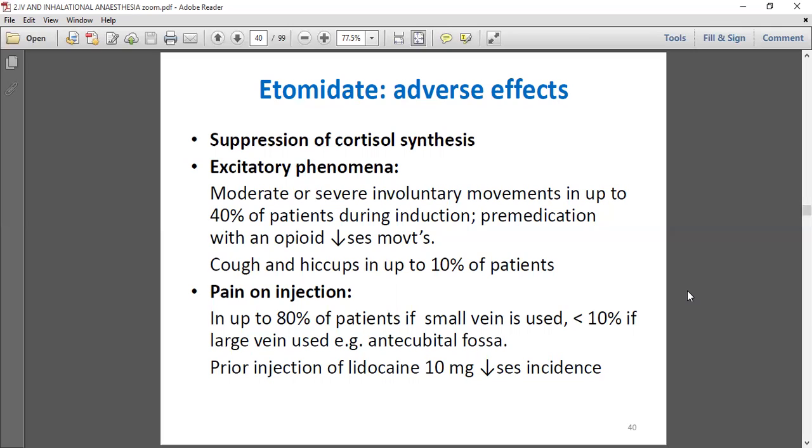We shall see, but I think it's sodium thiopental, with the cough and hiccups.